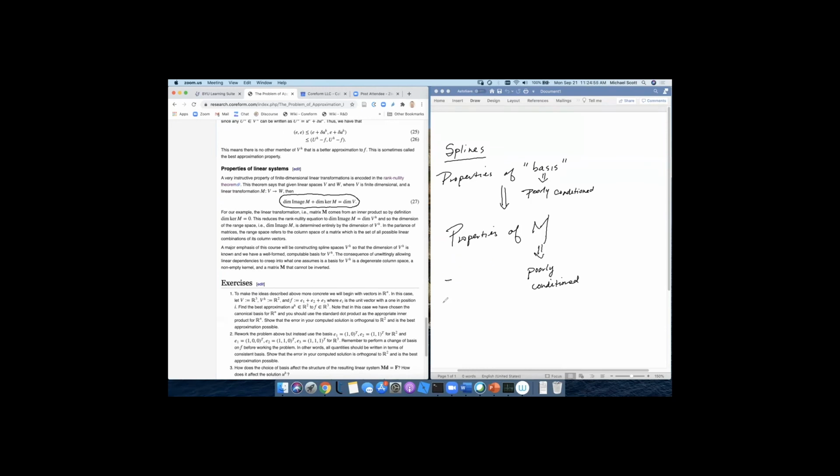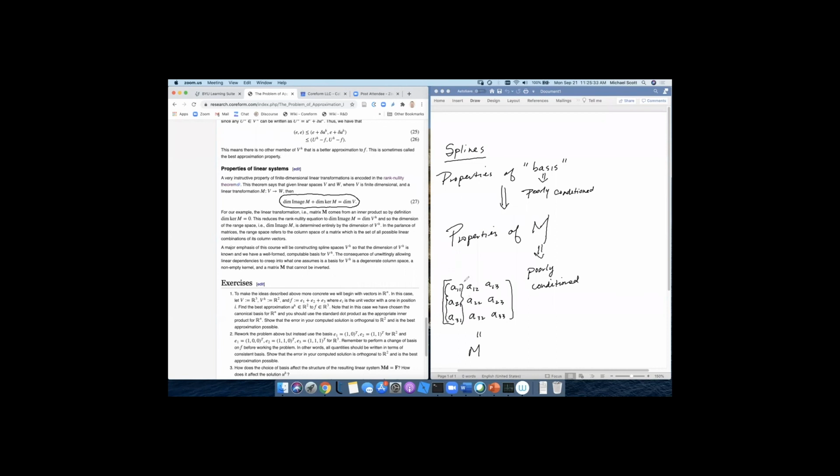Let's say we have a matrix with entries A11, A12, A13, A21, A23, A31, A33. Okay, let's say that's our M. Let's view these columns as little vectors, okay?